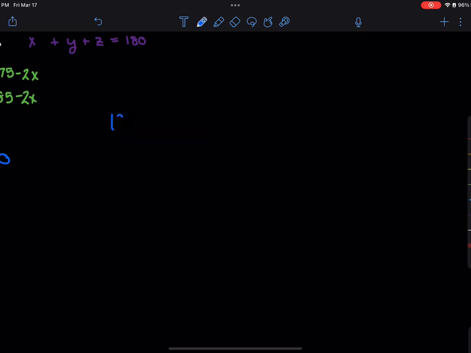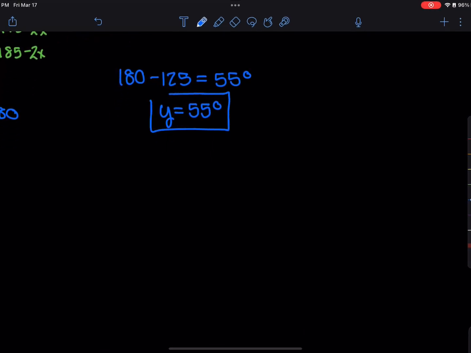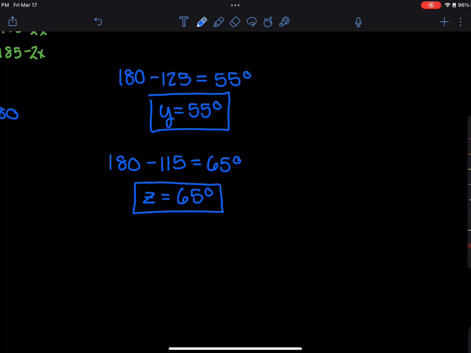So, solving the original equations, if you plug in the x variable, you will get 180 minus 125 is equal to 55 degrees. So that means that y angle is 55 degrees. And then we can do the next one to solve for z, meaning that 180 minus 115 is equal to 65 degrees. So z is equal to 65 degrees, and that is our last interior angle.